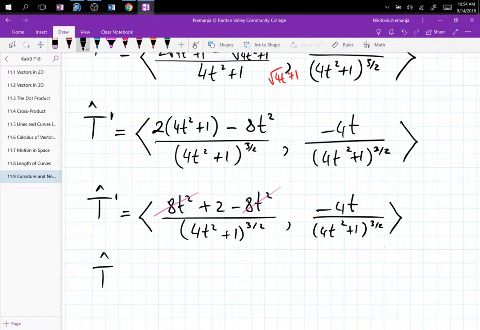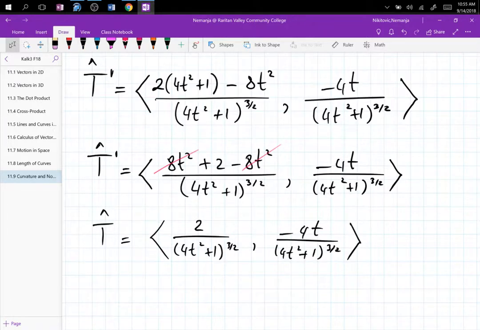Finally, T prime is 2 over (4t squared plus 1) to the 3 halves and negative 4t over (4t squared plus 1) to the 3 halves. This is your T prime.